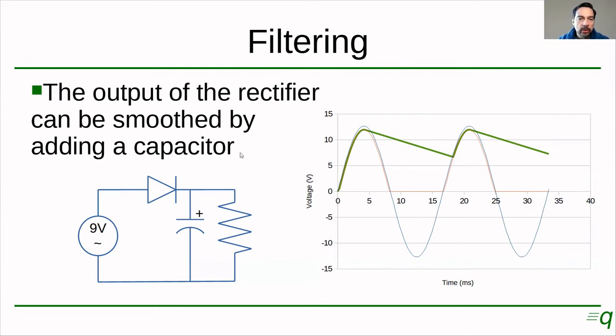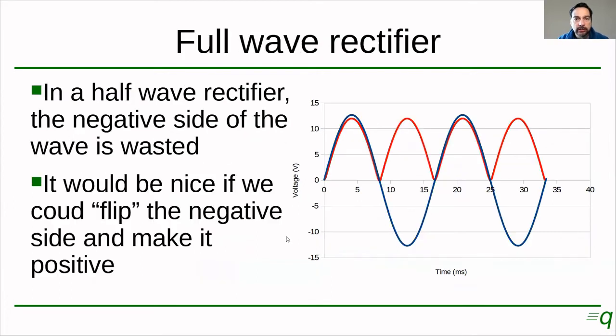So how can we even improve this further? Well, enter the full wave rectifier. Remember, on a half wave rectifier, the negative side of the wave was wasted. So it would be nice if we could flip around the negative side and make it positive, right?